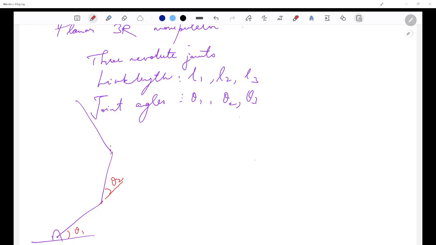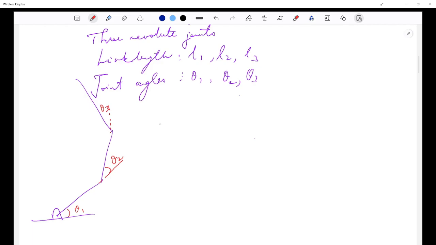This is very important: the first angle is with the horizontal axis, but the other angles are not with the horizontal axis; they are with respect to the previous link. Once you write this, let's say we want to find out the coordinates here, x, y, and let's say phi as well. Phi is for angle.